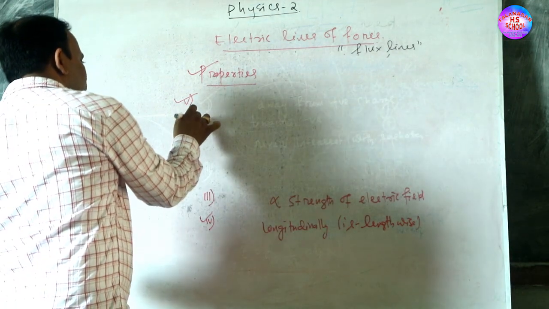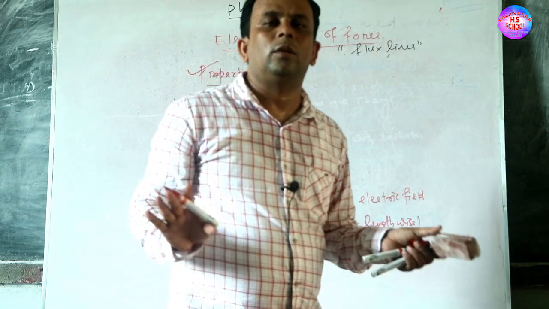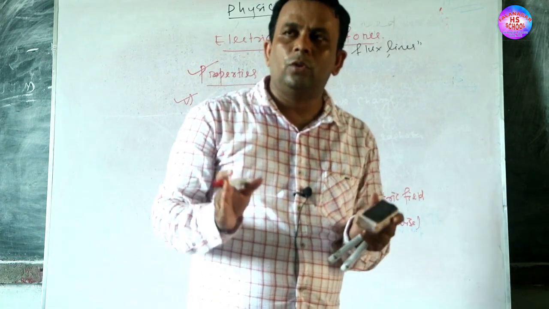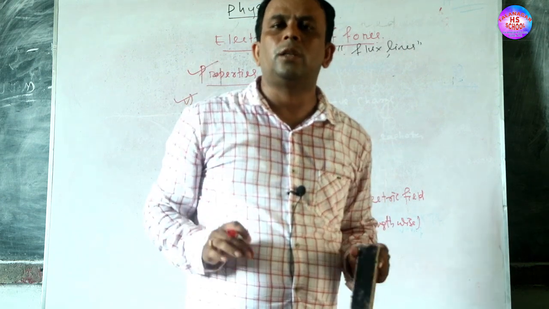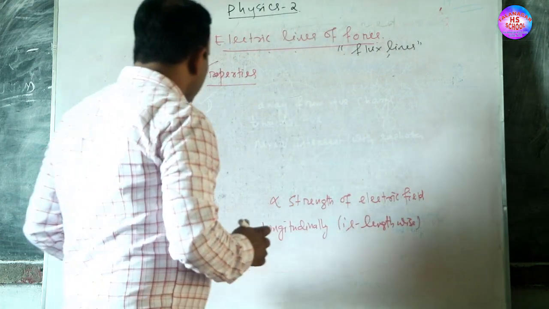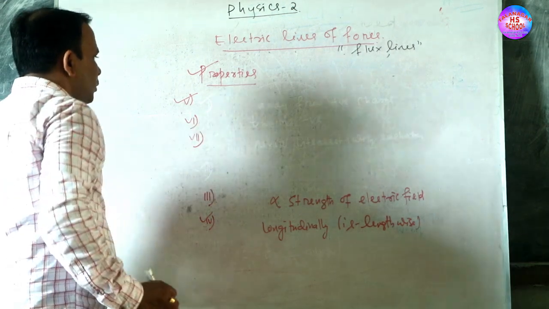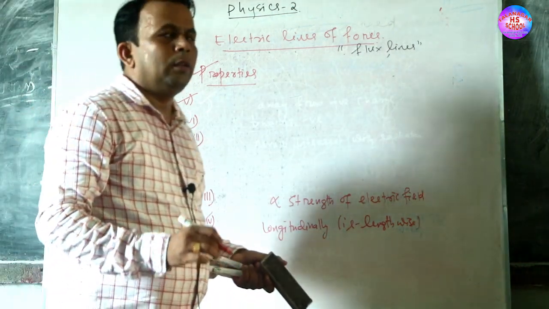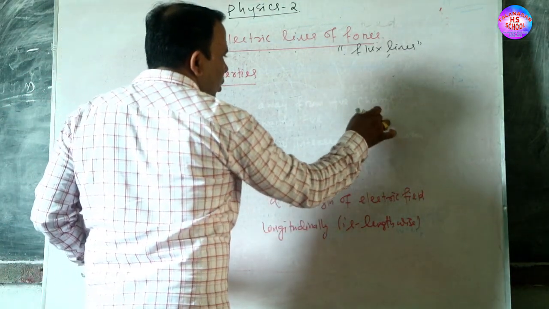Then sixth, the lines of force never pass through a conductor because of the absence of electric field. Then seventh, the lines of force meet normally in case of a spherical conductor.